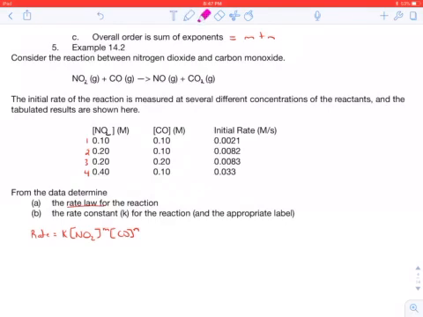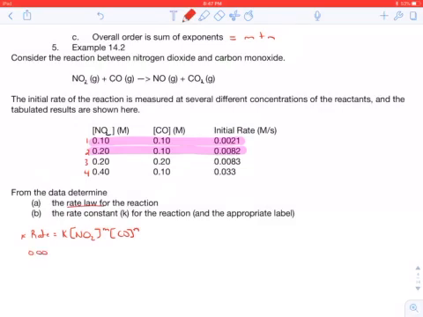So to find NO2, if we look at this first experiment and this second experiment, we notice that CO stays the same, which means we won't have to worry about how it's affecting the reaction. We're going to use this generic rate law and set them equal to each other. We're going to put the big one over the little one because it makes our math easier, so experiment 2 over experiment 1.